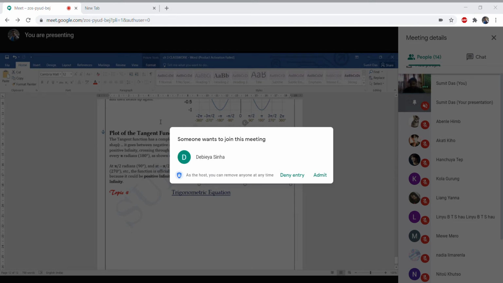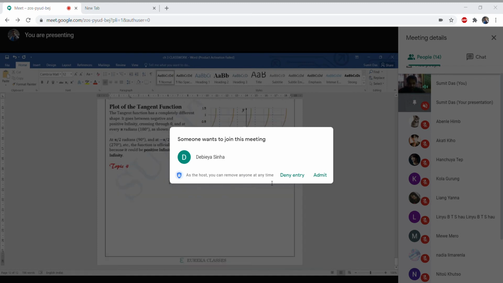It goes between negative and positive infinity. Down is negative infinity, and up is positive infinity. So these are the things we know about the sine, cos, tan curves.